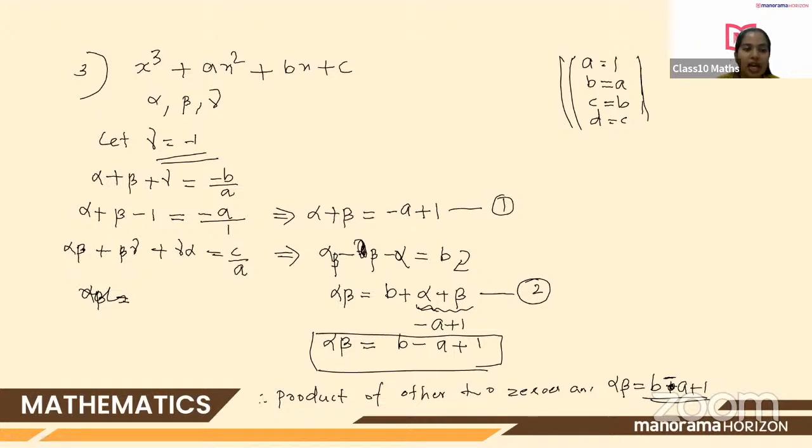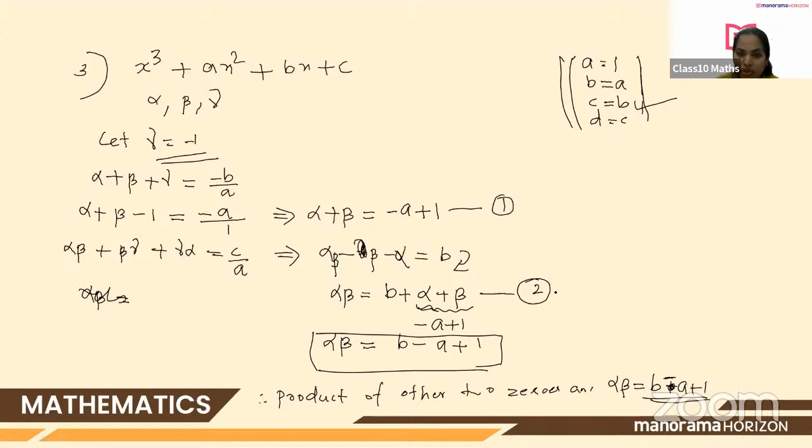And the second relation, alpha beta plus beta gamma plus gamma alpha is equal to c by a, which implies alpha beta minus beta minus alpha is equal to b, because gamma is -1 and c is b here in this polynomial. Rearranging the equation, we get alpha beta is equal to b plus alpha plus beta.